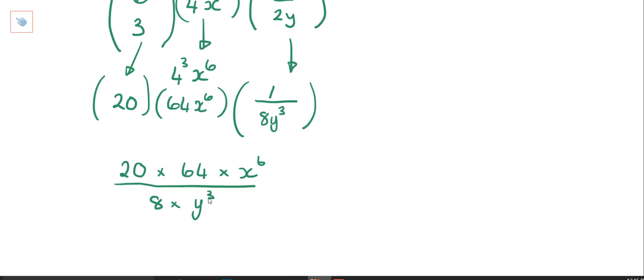Well, the reason why I did that is because now I can simplify. So the 8 becomes an 8 and that's a 1. So now all I have to do is 20 times 8, which you can do straight away. 160. Yeah. x to the power of 6 over y to the power of 3.